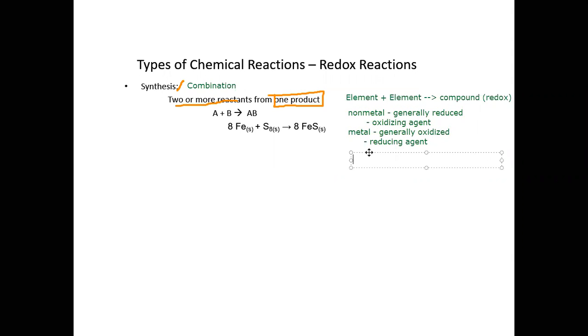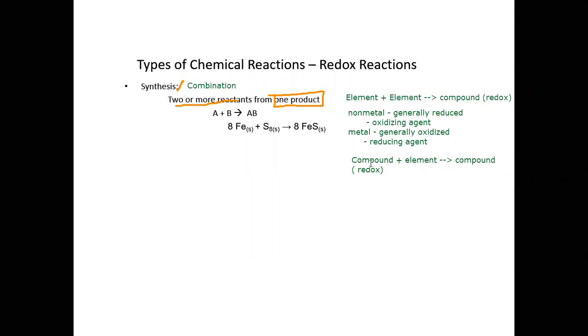Another way is you have a compound plus an element gives you a compound. And this is redox. Now I can't give you any tips on this type of combination because it depends on what the compound is and what the element is to determine what's being oxidized and what's being reduced.